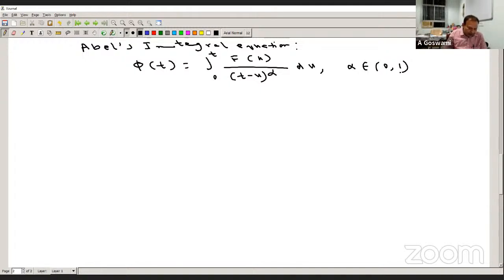Please note that phi t is a known function and f t is the unknown function.